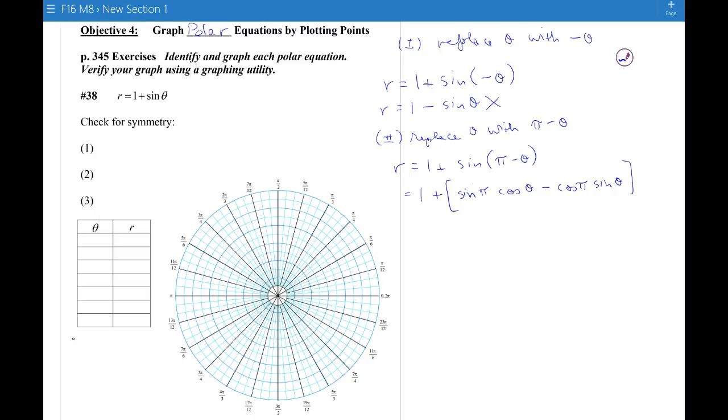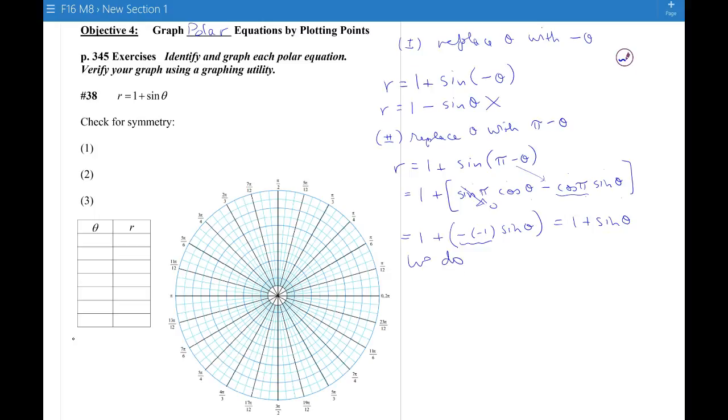Sine, cosine, cosine, sine, pi, theta, and a minus makes a minus. Okay, so the sine of pi is 0. The cosine of pi is -1. So -1 is plus, you get 1 plus sine theta.